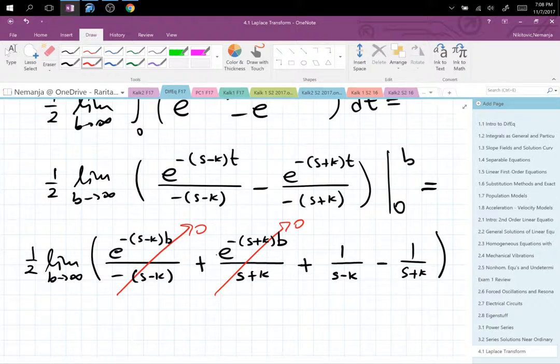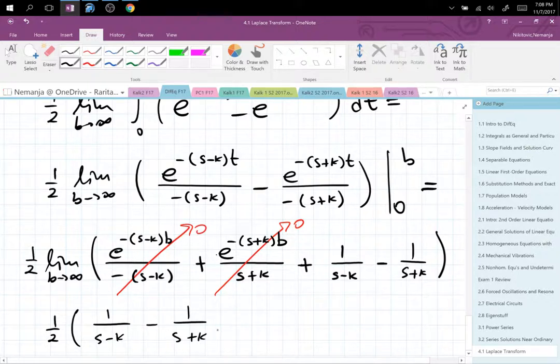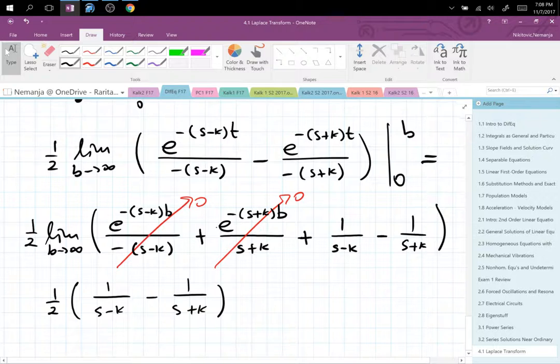Yay. So now what I have is 1/2. The limit is gone. And I have these two, which is 1 over s minus k minus 1 over s plus k. So find the common denominator and deal with it. So we have 1/2, cross multiply.